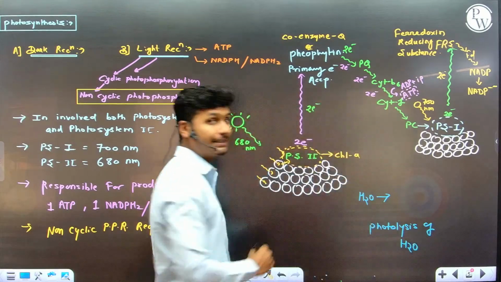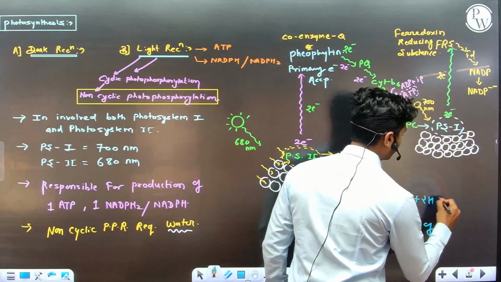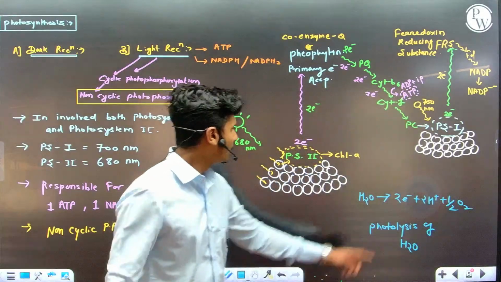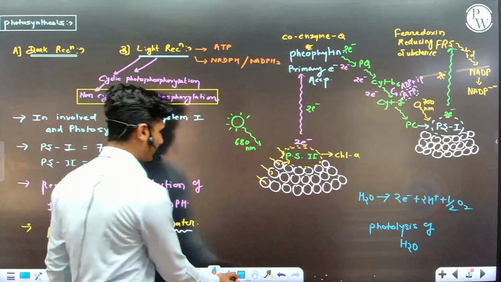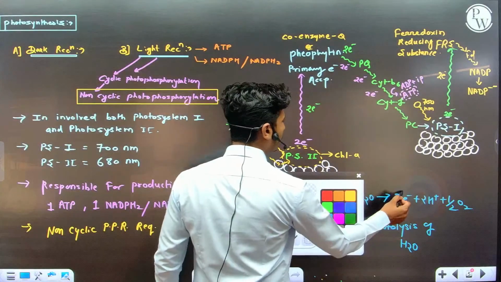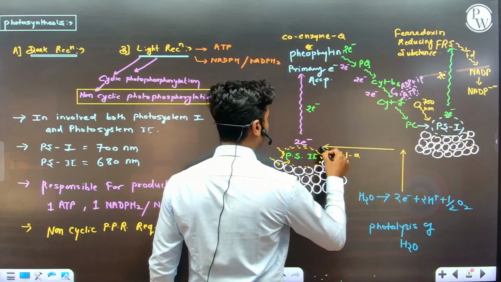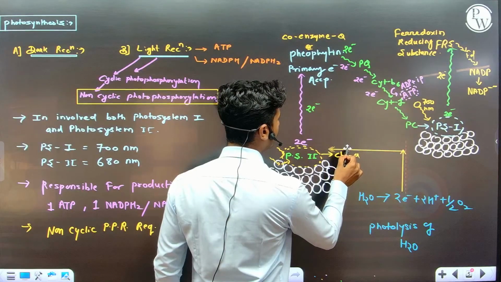And H2O is split into 2 electrons negative plus 2 protons positive plus half O2 molecule. Now, these 2 electrons are required by PS2. So I am giving them to PS2. Here they are moving towards PS2. Okay. So the requirement of electrons is fulfilled.